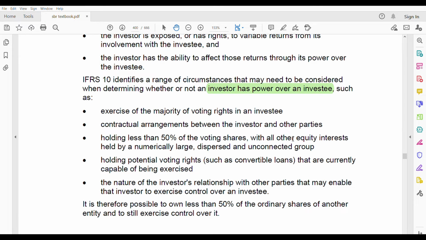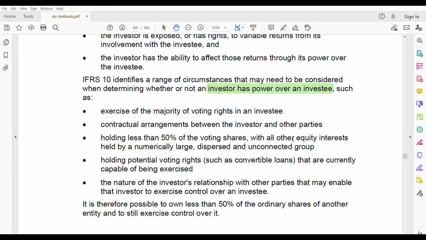That means there are so many small equity shareholders that are holding less than 50%. Even if they together make up 50%, let's say there are 50 shareholders, each one having 1% only.